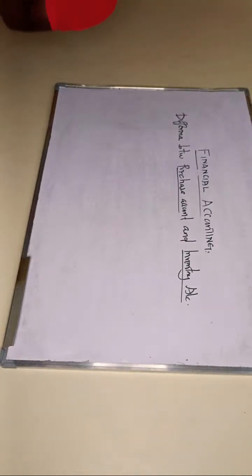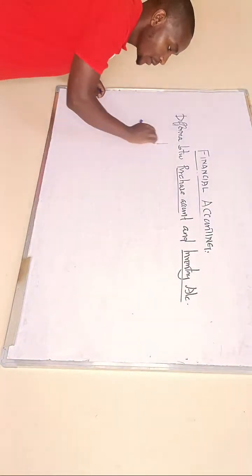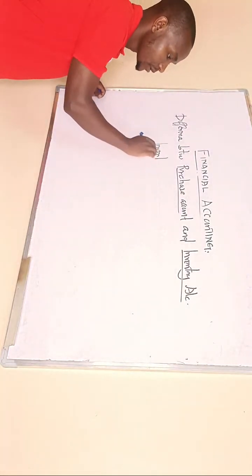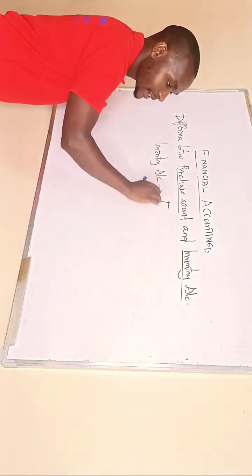So, I know it is confusing. When we say inventory account, this one is the current asset account.